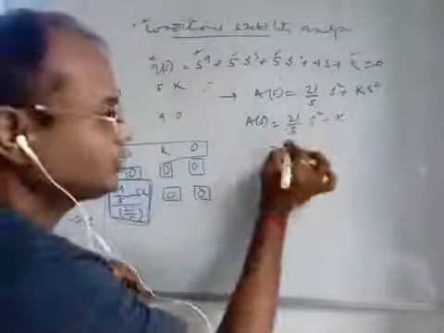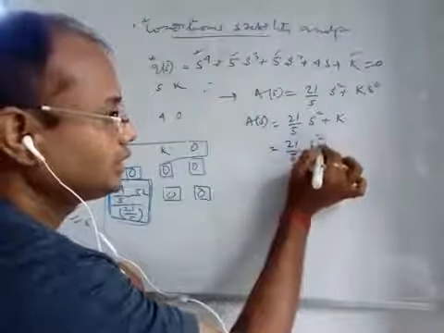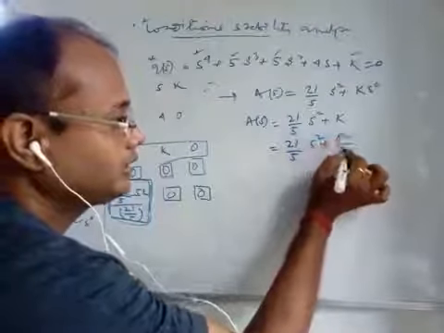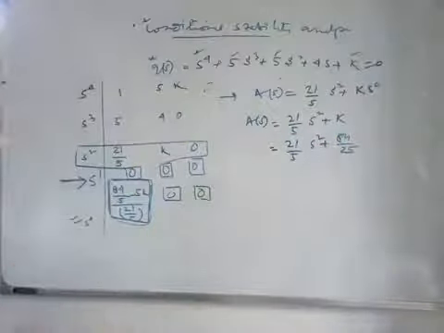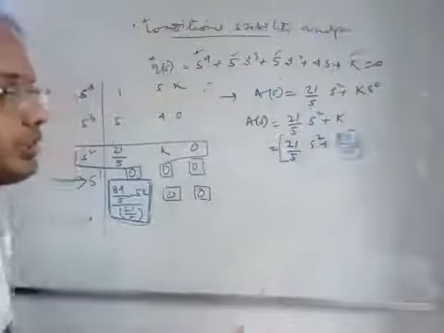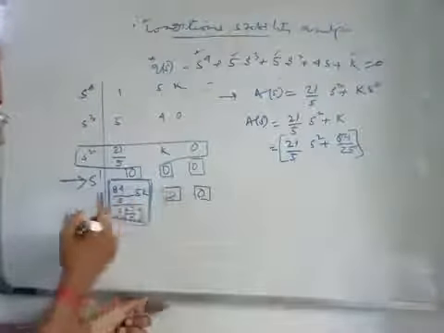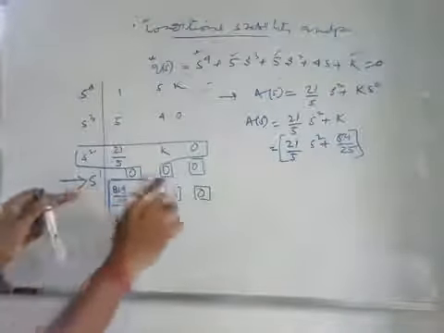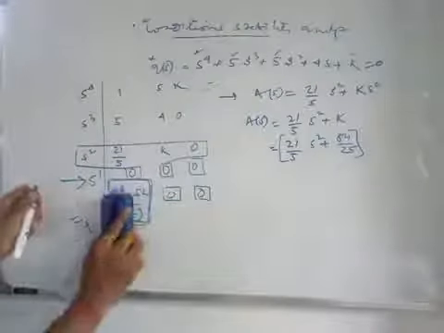So this is 21 by 5 s square plus 84 by 25, right? So this is your auxiliary equation, and in order to get the row of s to the power 1 in these conditions, what do you have to do?